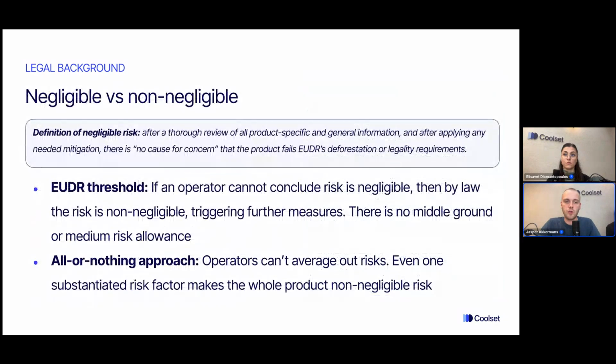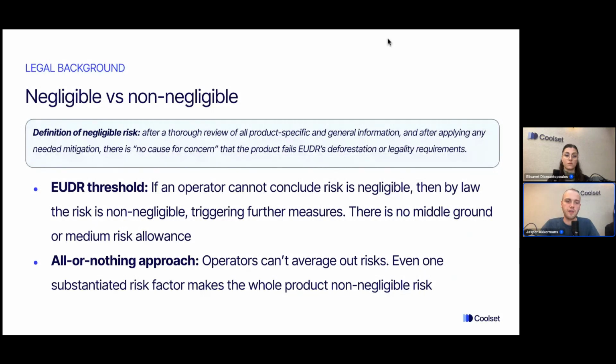Moving to the definition of negligible versus non-negligible. Here we go into the definition of, okay, what does it mean when, for example, you've looked at the presence of indigenous people in the plot of land that you've identified, and you see that there's an overlap of the plot of land and the presence of indigenous people? That already classifies it as being non-negligible, meaning that you have to look into it further.